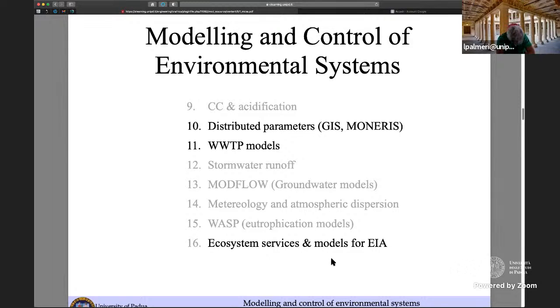Typically when we do environmental impact assessment, the environmental engineer is requested to build a description, a model of a given system in order to evaluate its environmental impact. A cornerstone concept in this kind of analysis is the concept of ecosystem services. What are ecosystem services?